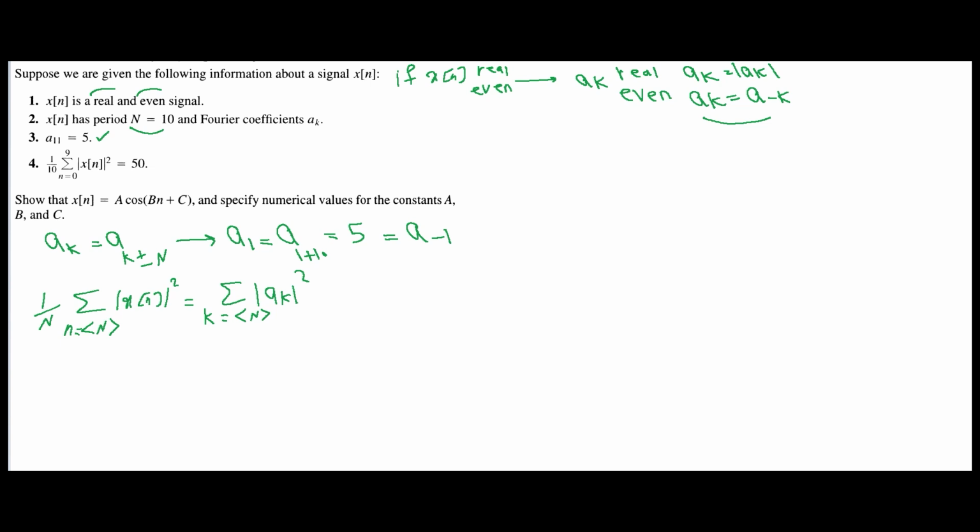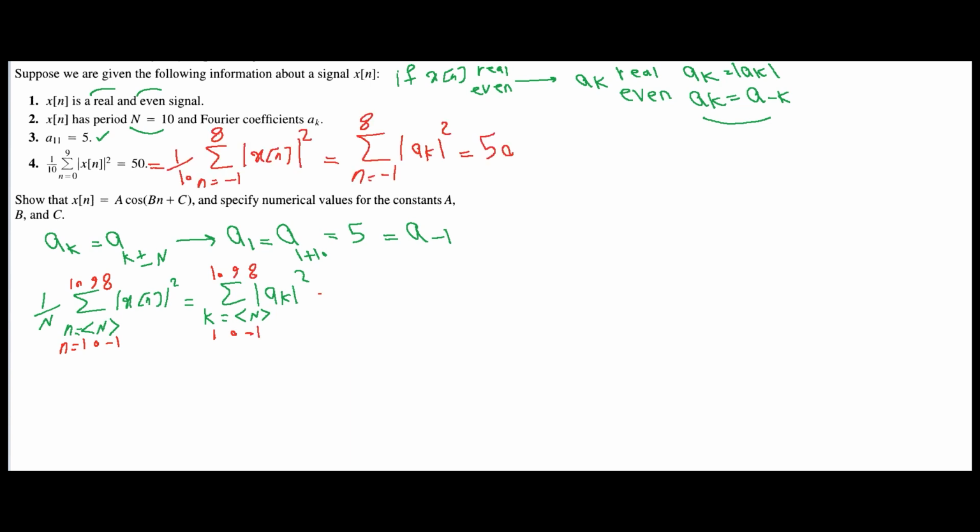Therefore, the summation of the magnitude squared of the Fourier series coefficients over one period is also equal to 50. Since the period is 10, we may choose any interval of length 10. For convenience, let's choose the interval from -1 to 8.